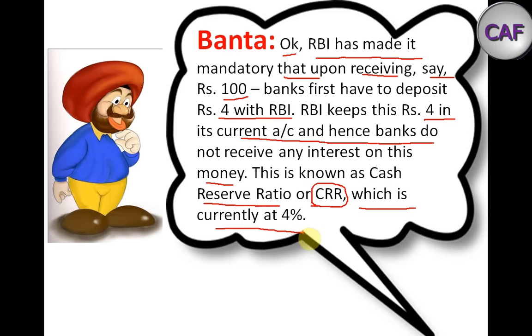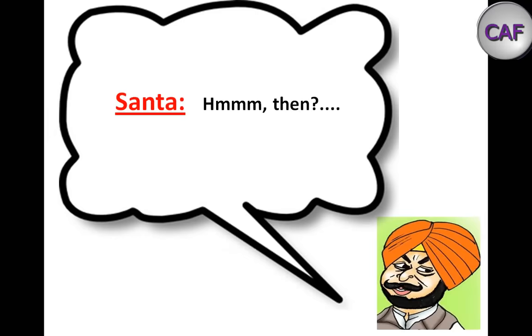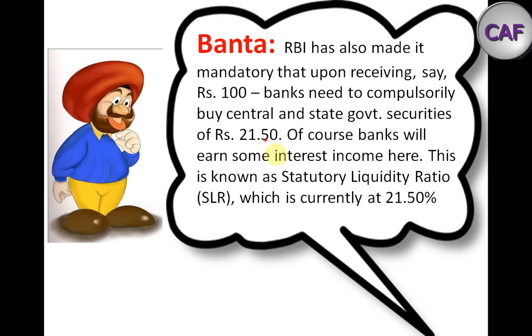Okay, so there are certain doubts in Santa's mind. So let's see. Again Banta replied, RBI has also made it mandatory that upon receiving say 100 rupees, banks need to compulsorily buy central and state government securities of 21 rupees 50 paisa.